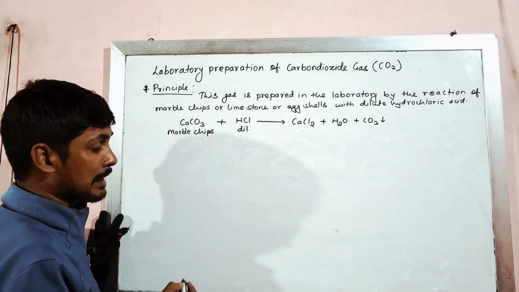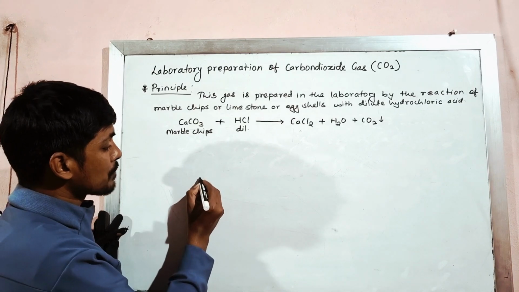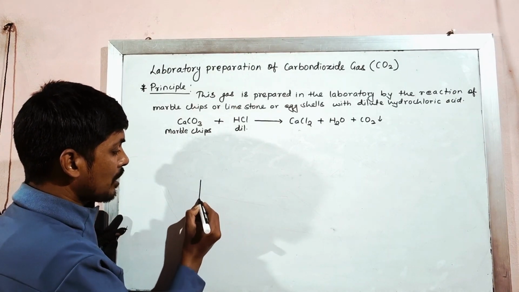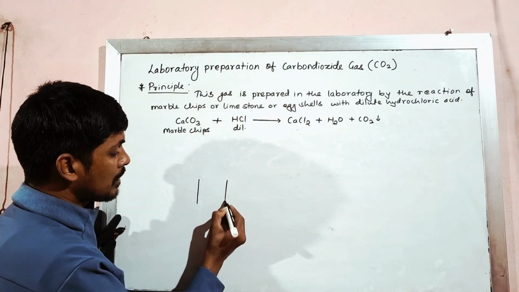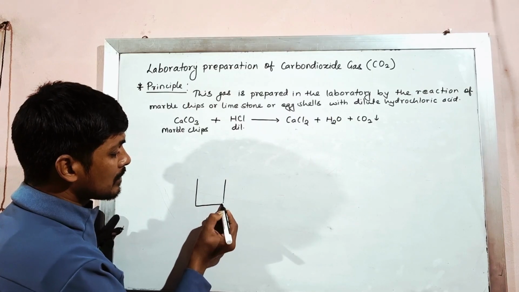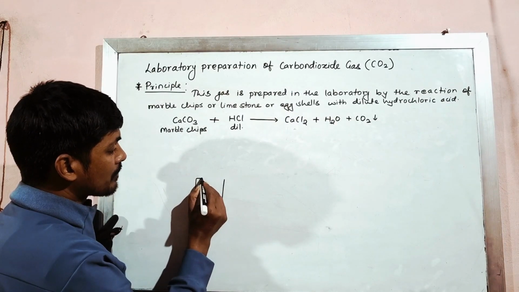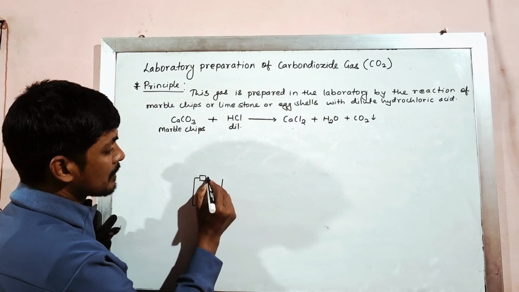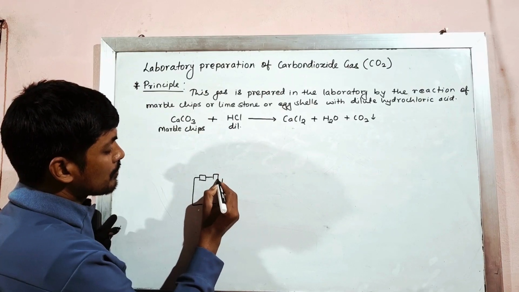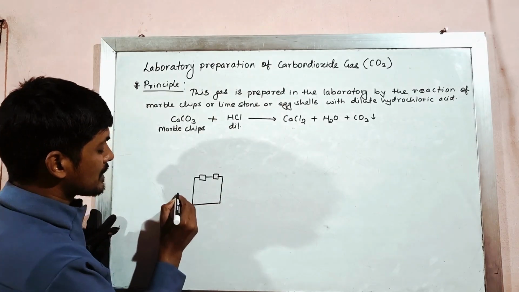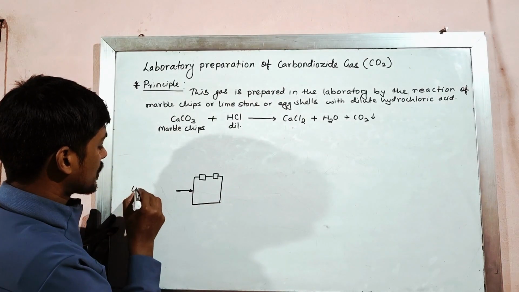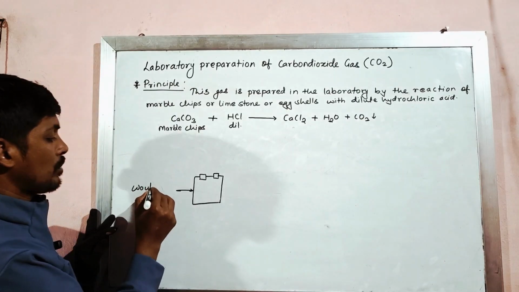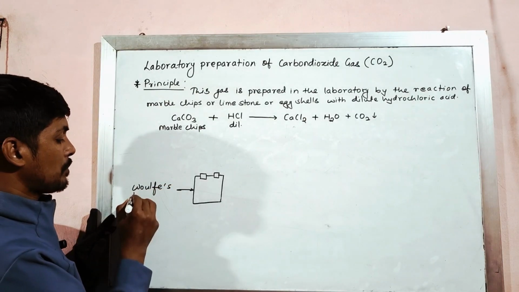Now, what will be the apparatus setup and how are the chemicals allowed to react in this process? Let's see by the diagram. Here we use a bottle having two openings, called a Wolf's bottle.